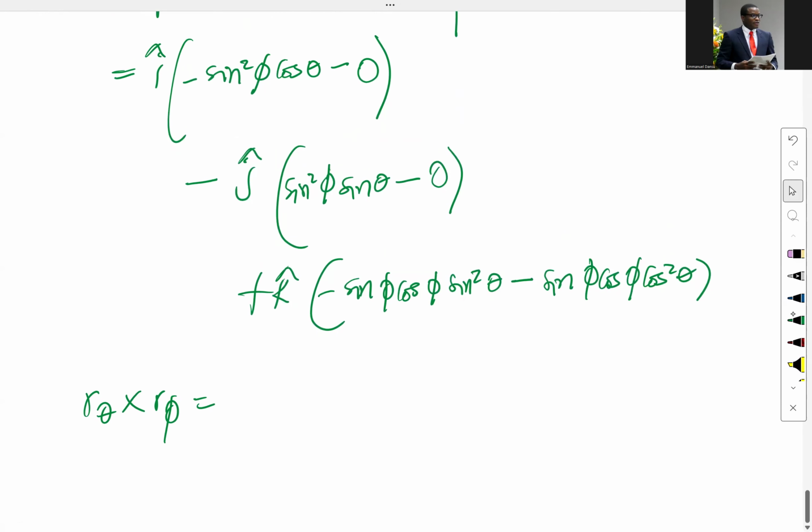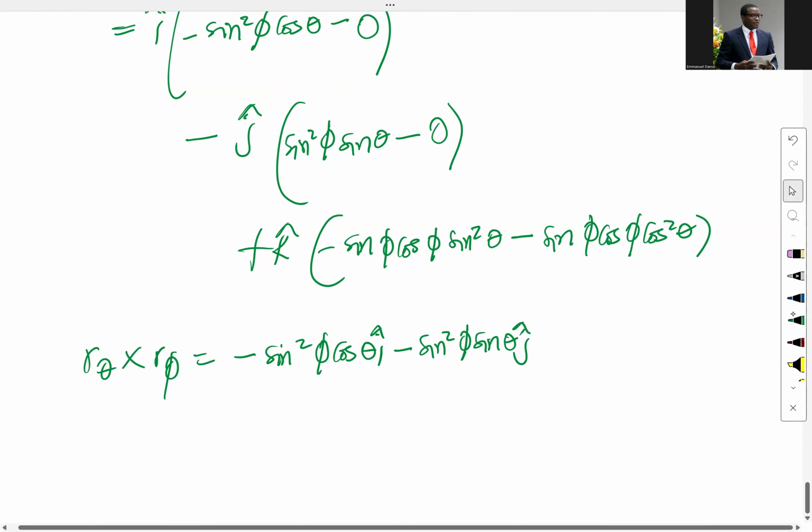So if you put all this together, we have minus sine squared phi cos theta i. Then here, minus sine squared phi sine theta j.